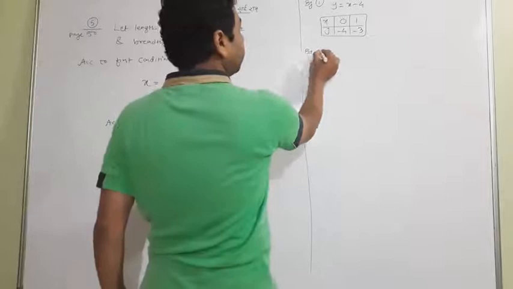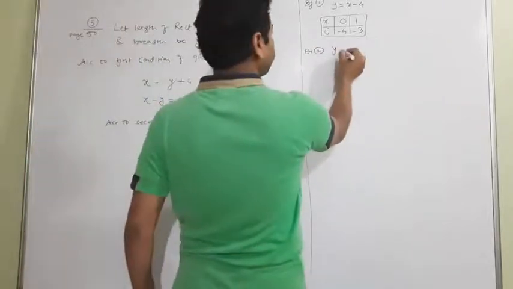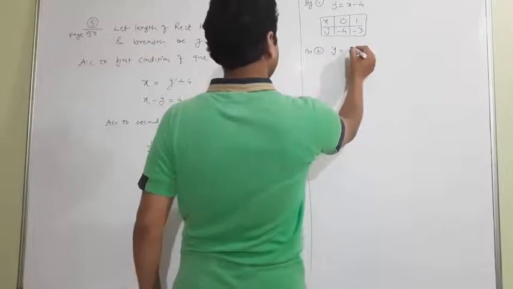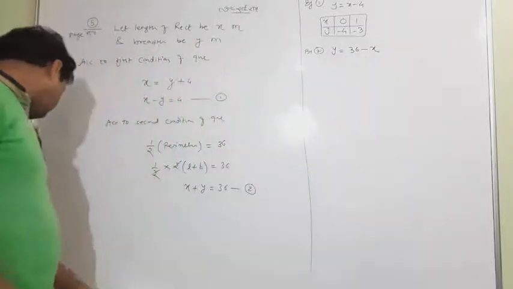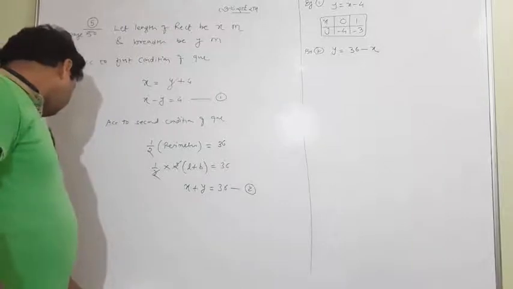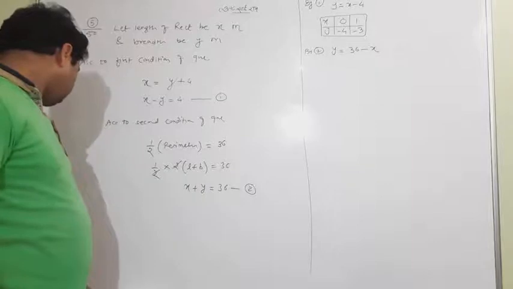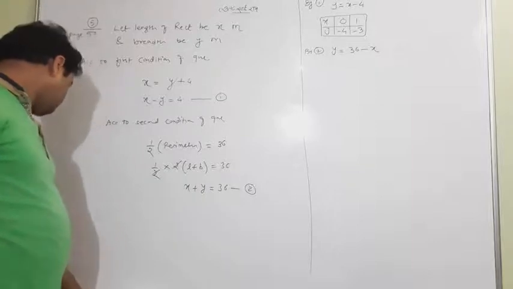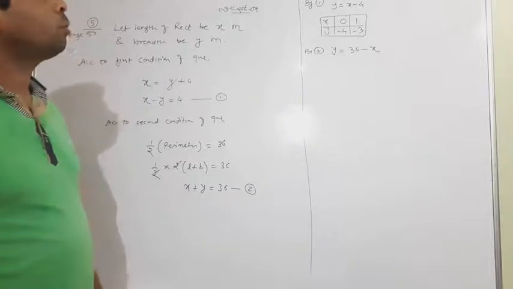And by 2, along with that, I find y is equal to 36 minus x. Okay, fine. Y is equal to 36 minus x.